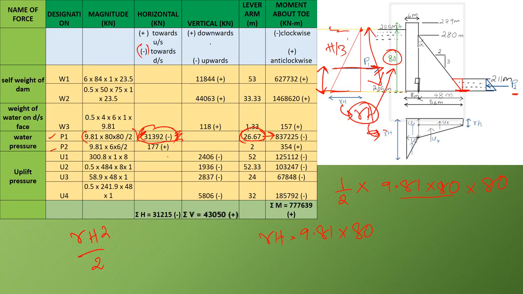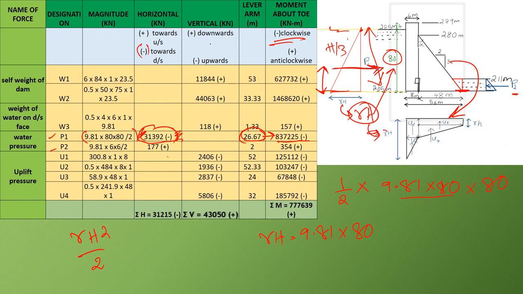You will get the value of the moment as 8,37,225. This is a force and this is a point, so it is acting like this. The moment is clockwise, and clockwise moments are taken as negative, so it is written as negative here.